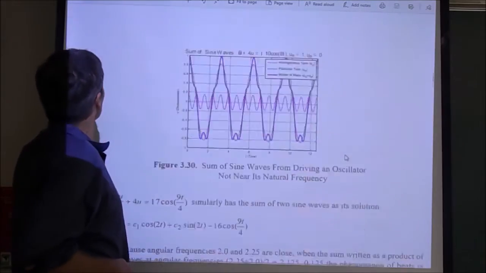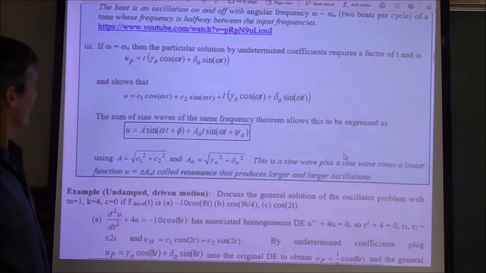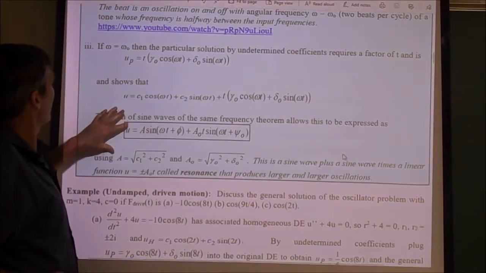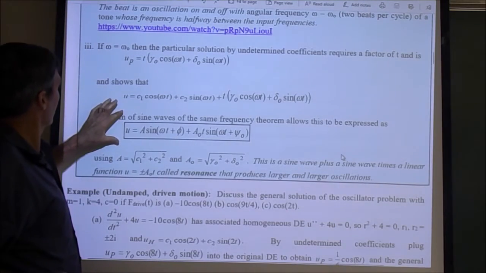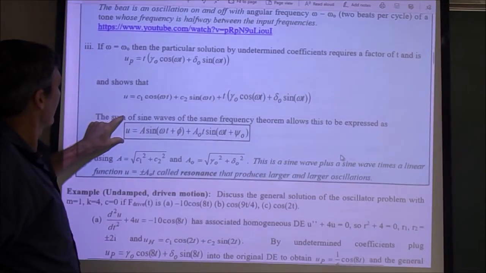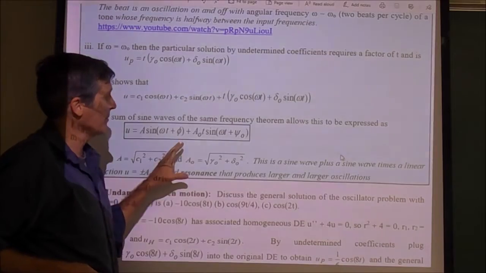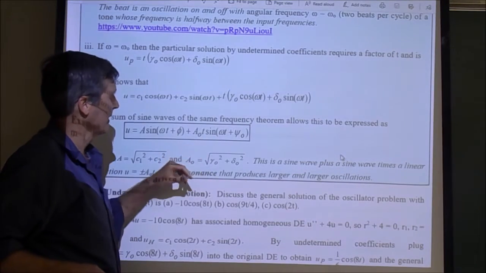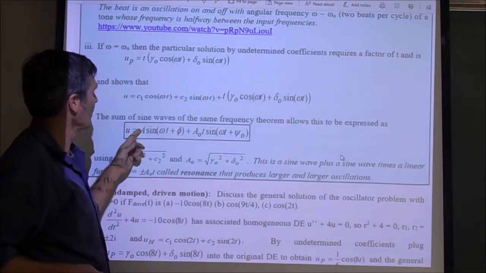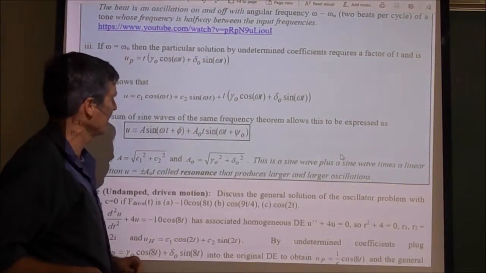So the point is, when you drive a mass on a spring with a force that has the same frequency as the oscillator naturally wants to move at, the motion is a sine wave plus t times a sine wave, both at the same frequency.